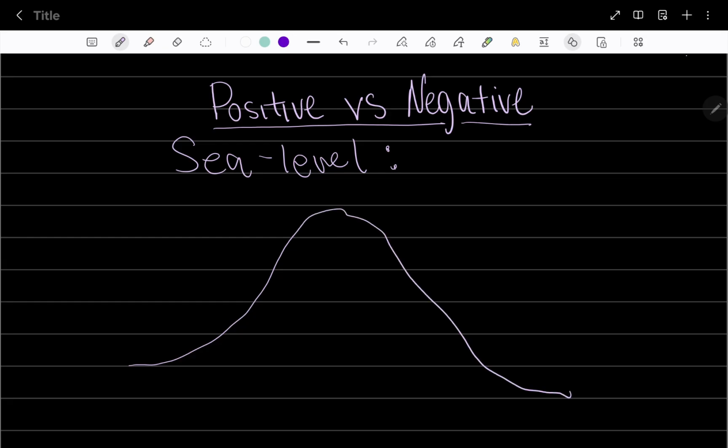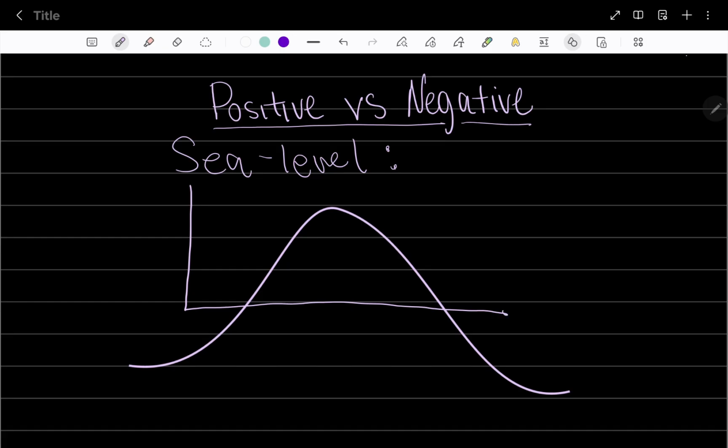And with this mountain, I'm going to draw a graph. I'm also going to draw to show that it's a mountain.